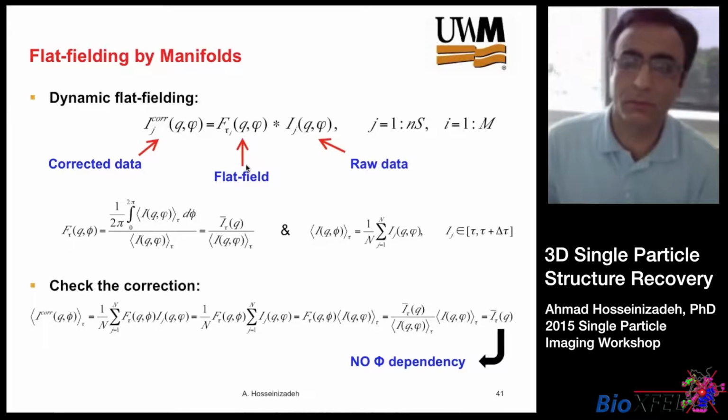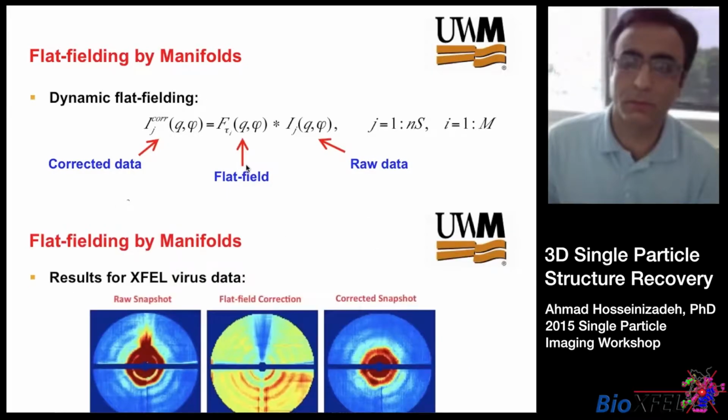We make an azimuthal average of the diffraction pattern, and also the average of the total diffraction pattern without any azimuthal averaging in that interval, and then this is the normalization factor. To see how it works, let's put this flat field again into this and see if the corrected I is independent of phi or not.